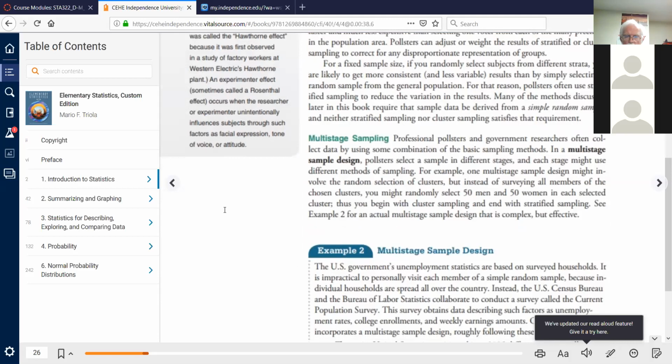So we use different ways of looking at the sampling that we do at different stages of a study. For example, that they give here, one multi-stage sample might involve random selection of clusters, but instead of surveying all the members of the clusters, you might randomly select some number of people out of each cluster.